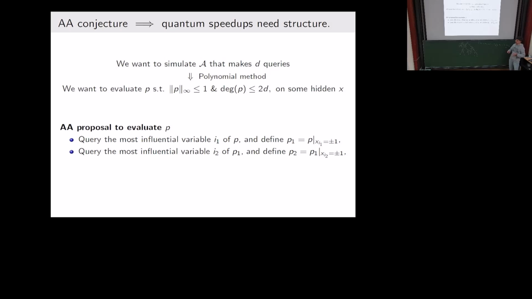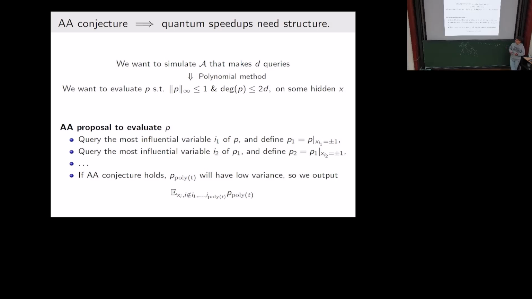Okay? And again, I restrict P1 to whatever the most influential variable gets as value, and I get P2, and I repeat this process a few times, and at the end, what is going to happen is that we will have queried a few influential variables, and as they are very influential, the remaining ones are going to be not very influential, because we will have decreased the variance quite a bit.